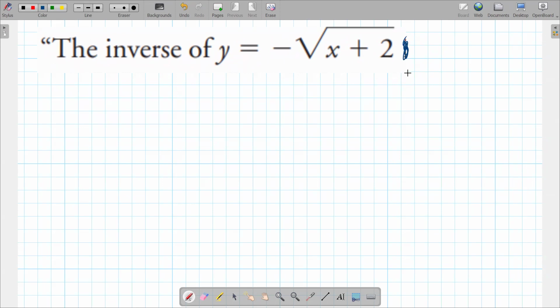It's a root function. What we're going to do with this is sketch the inverse. Okay, that's the question. Sketch the inverse of this function. Do you remember what an inverse is? What's an inverse?